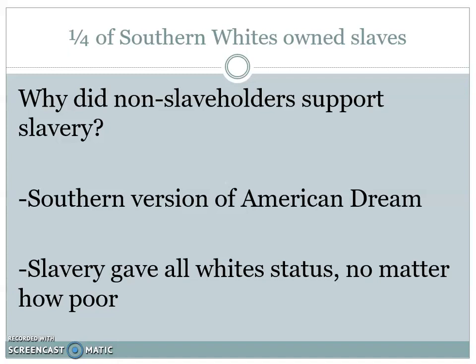How high of a price were the non-slaveholders willing to pay to save the institution of slavery? There was a limit to how far they would go, and in the end it wasn't quite far enough.